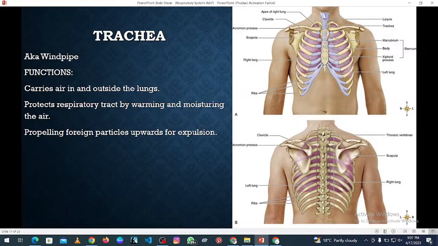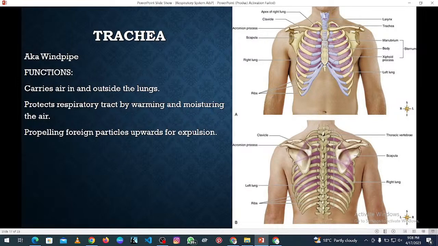And some other functions are protective. It has a protective mechanism, which could be either physical or immunological, because there are certain pathogens, or disease-causing organisms, that can always be inhaled into our respiratory system.